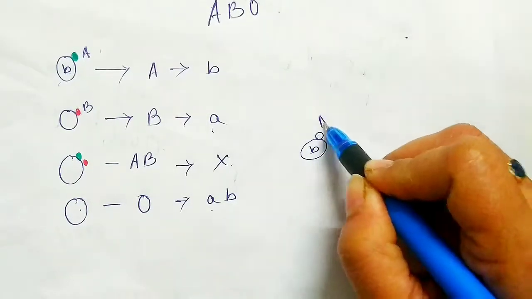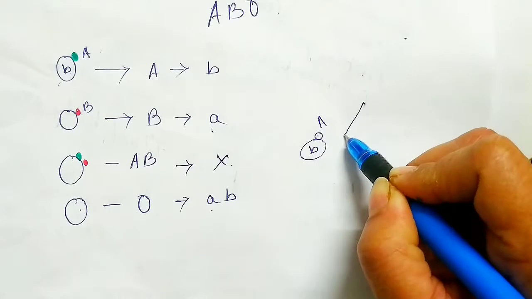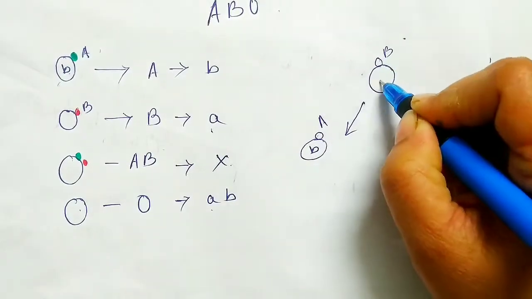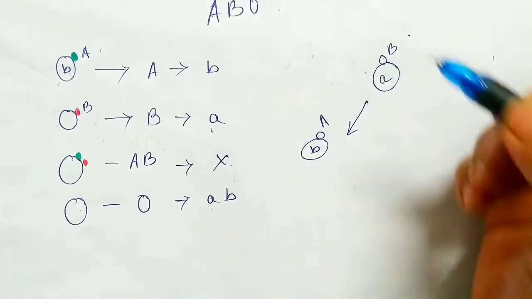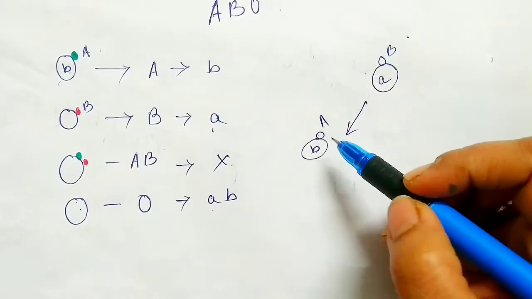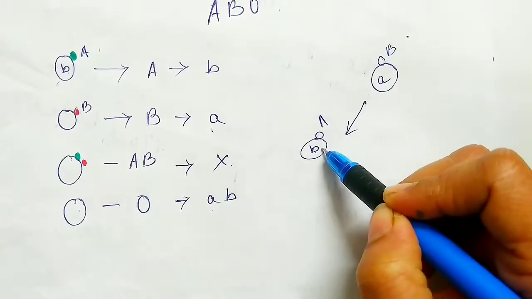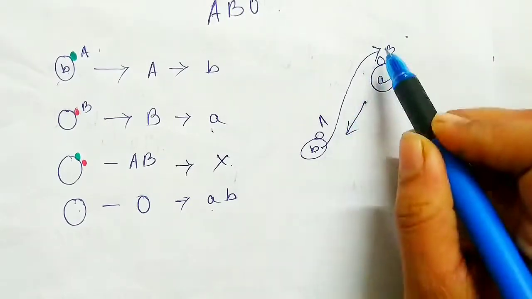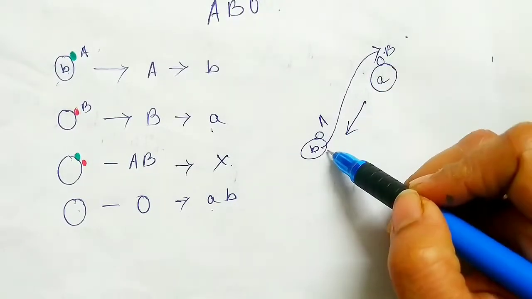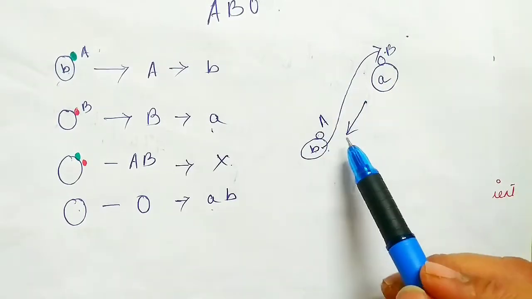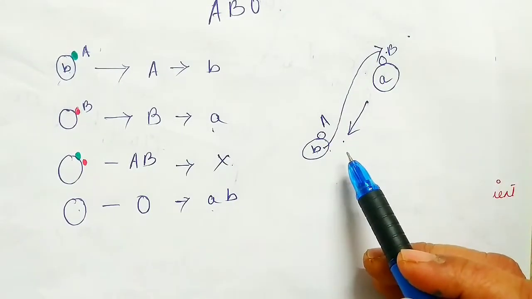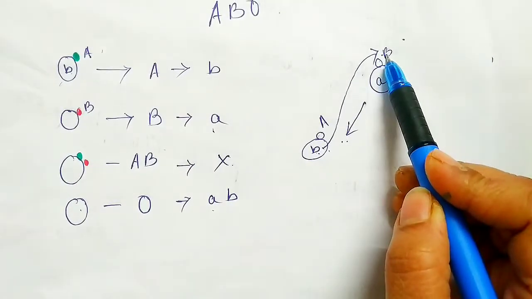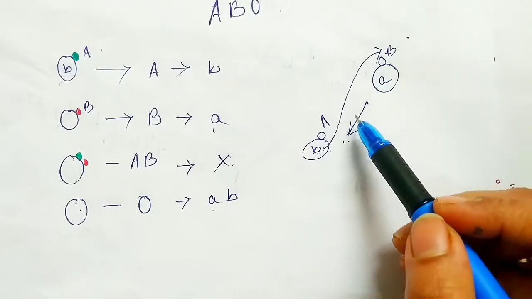If he is donated B blood group, with B antigen, then the b antibody reacts with the B antigen, they interact with each other, and as a result they coagulate and clotting takes place, which is fatal. That's why the antigen and antibody should not be the same during blood donation.